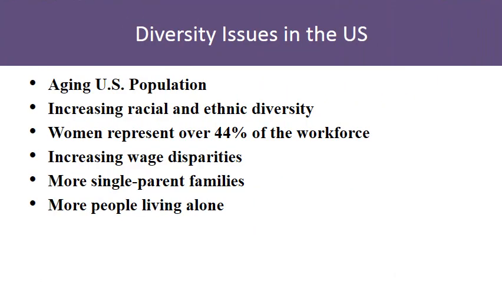Why is it such an issue in the U.S., and is it more of an issue now possibly than it has been in the past? It's entirely possible. One is a very aging population. As you know, the baby boomers are getting on up there in age. So the midpoint of the baby boom generation is now over 60.